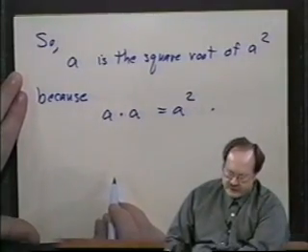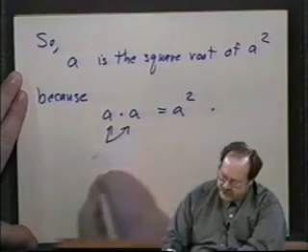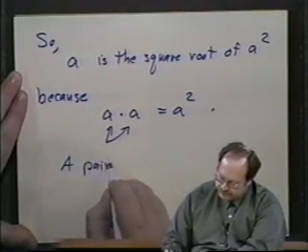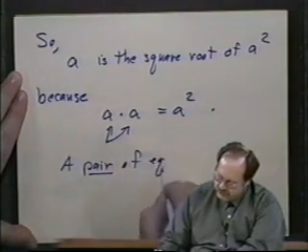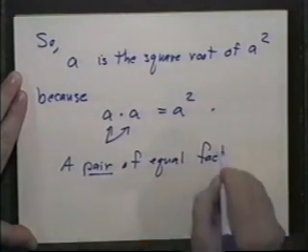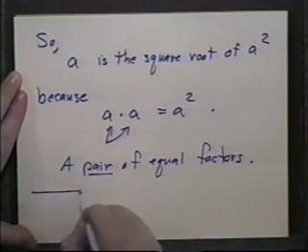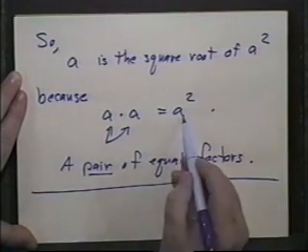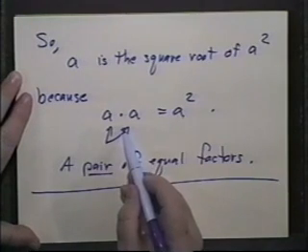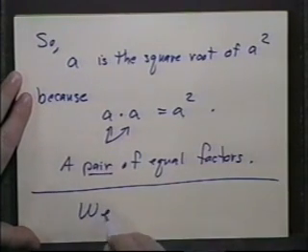That's what a root does. And notice that these are a pair of equal factors. Factors, you remember, are things which are multiplied. So this is a pair of equal factors. So now we're going to generalize.